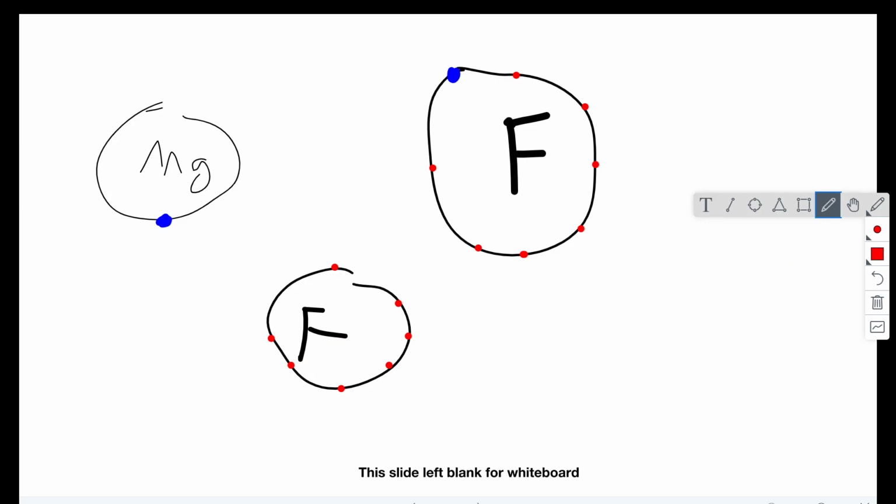Okay, and this second fluorine will take the last electron from magnesium.